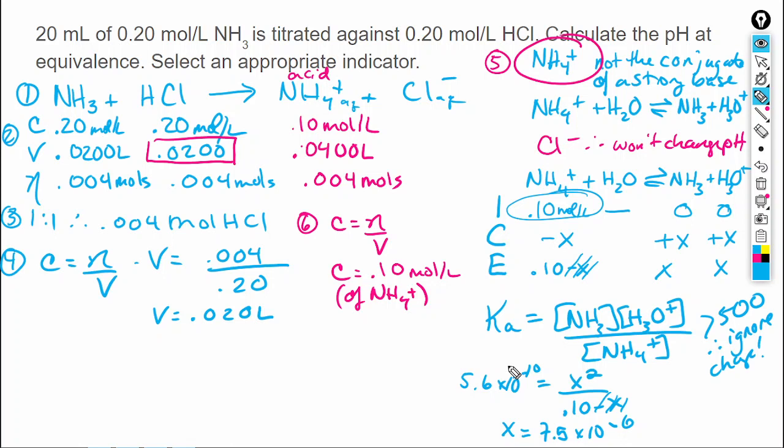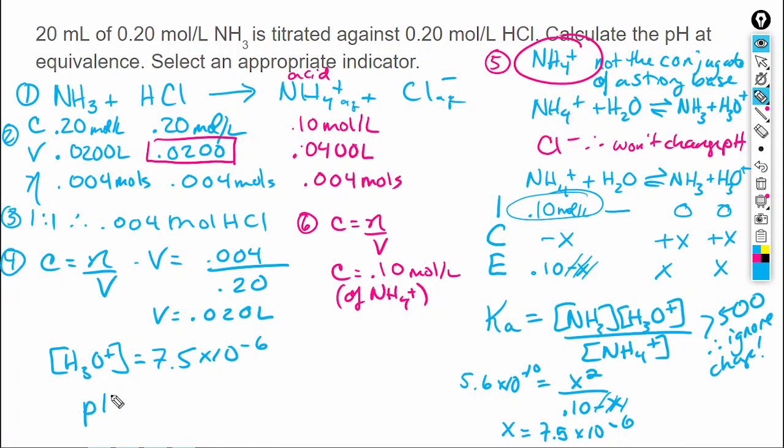Okay. So x is equal to 7.5 times 10 to the negative 6. But am I just solving for x? No, x means something. I substitute x back into this table. So x tells me the concentration of H3O plus is 7.5 times 10 to the negative 6. What can I get once I know the concentration of H3O plus?